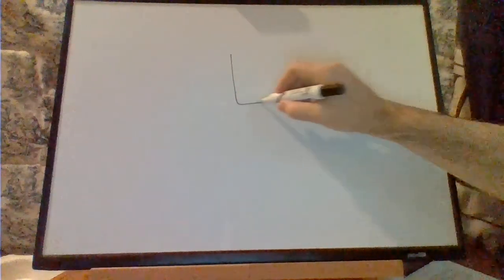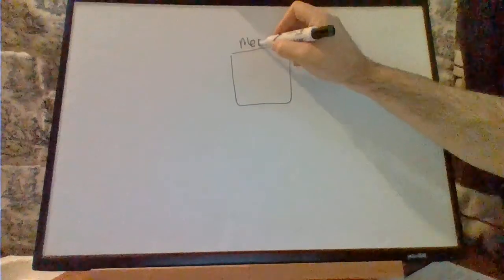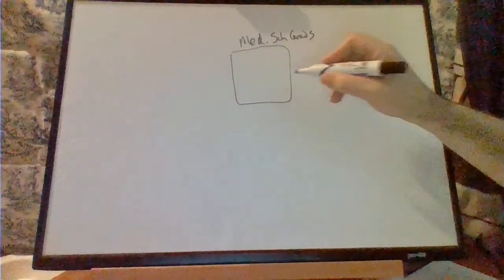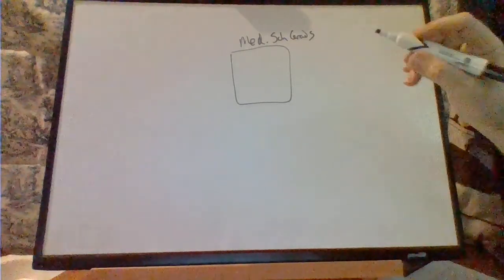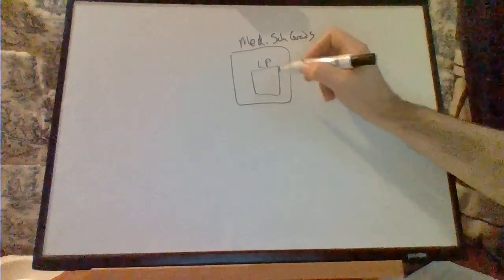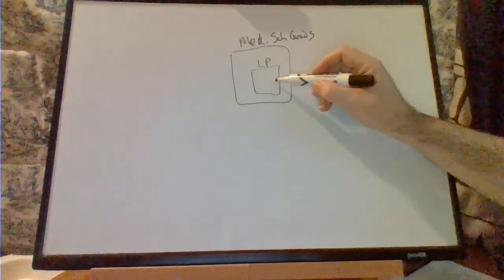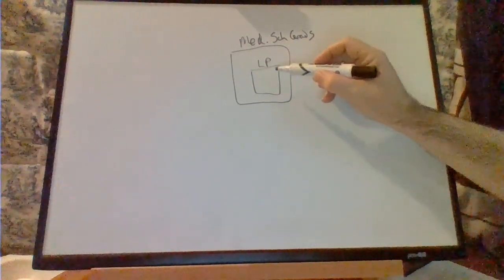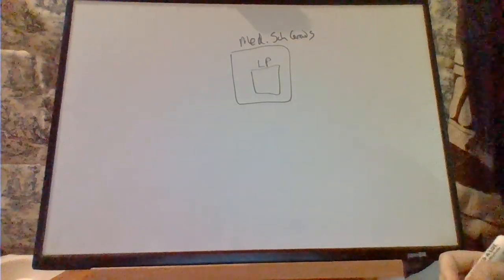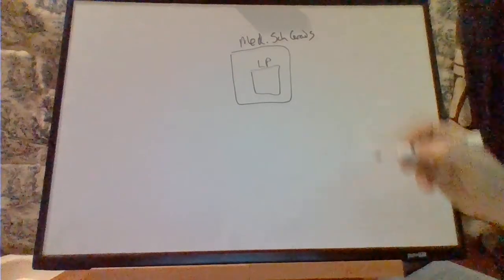So all licensed physicians in the United States are medical school graduates. So let's kind of draw this out here. Here's your medical school graduates. And every licensed physician is a medical school graduate. So here's your licensed physicians. Every licensed physician in the country is in that box, and all of them are inside the bigger box of medical school graduates. Now, Ralph, we're told, is not a medical school graduate.